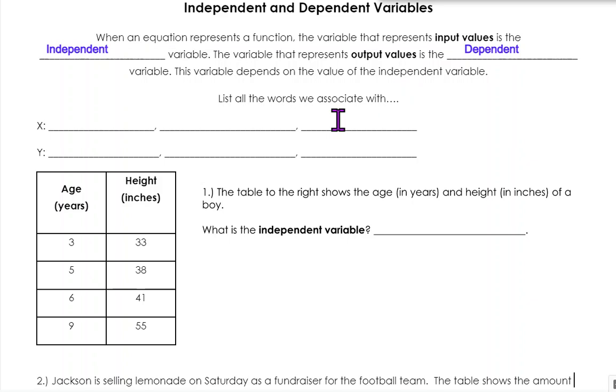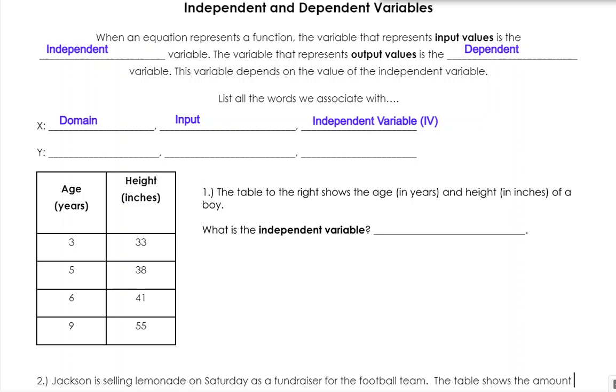We learned 3 words that associate with X and 3 words that associate with Y. Take a second, pause the video, see if you remember them. Come back in like 2 seconds and see when you're done. Okay, so the words that go with X are domain, input, and independent variable. Right? Domain, input, independent variable. Input is our X values.